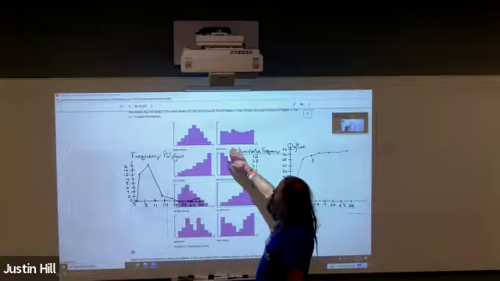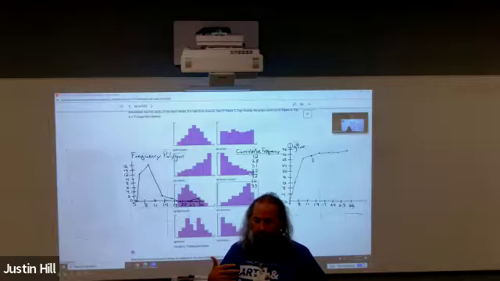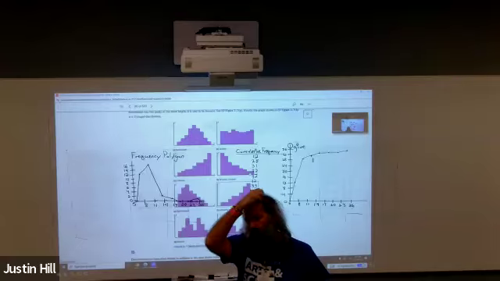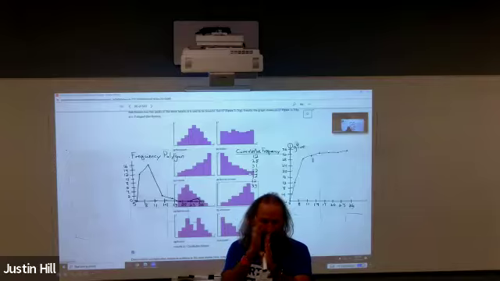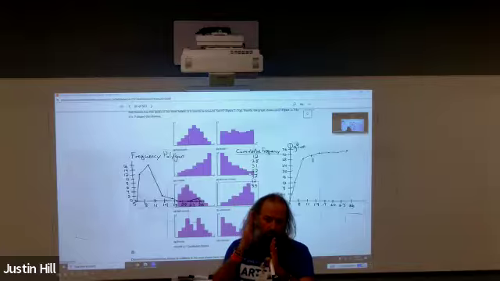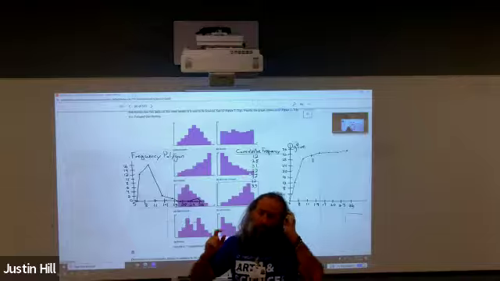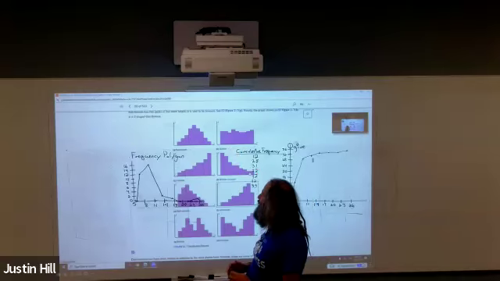This happens a lot when we have processes that are very exact, like in manufacturing. When you make a Toyota or a Honda, you want those parts to be almost the exact same size every time so that they fit. So you want things to repeatedly be the same, and with things like that, you tend to get uniform distributions.